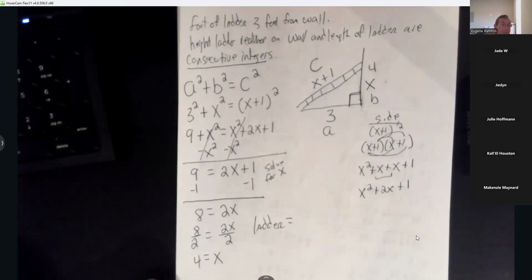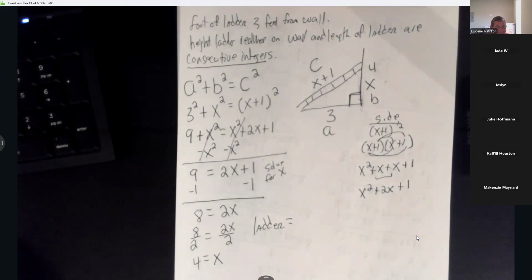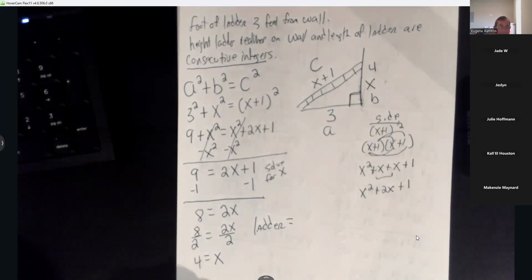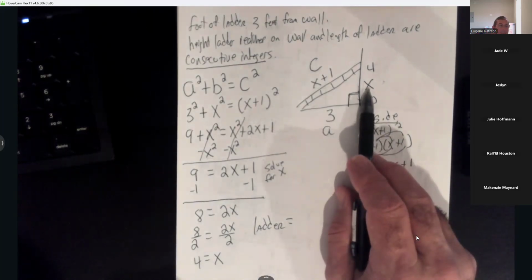But what they want to know is, how long is my ladder? All right, y'all, so how long is my ladder? All right, let's see. Well, we said x was 4 right here.